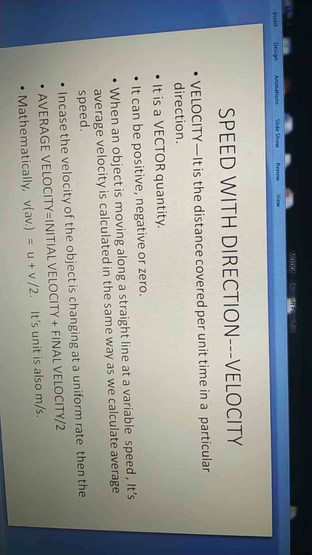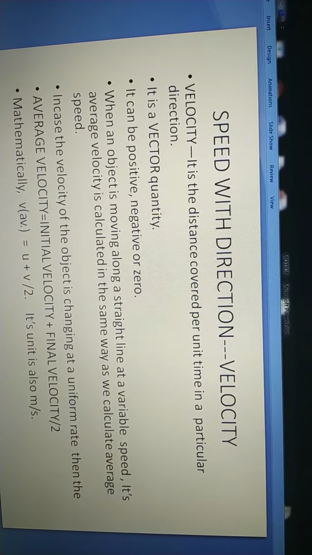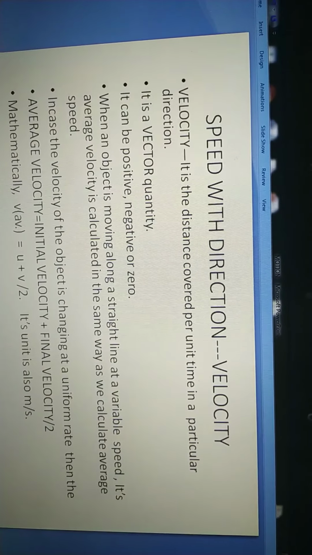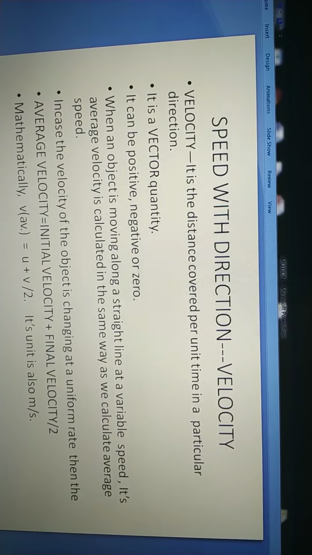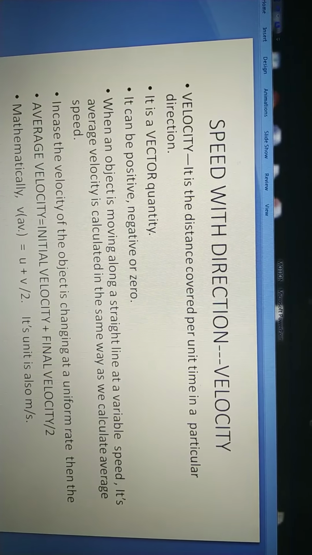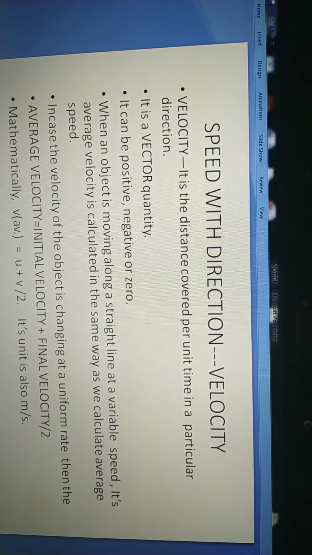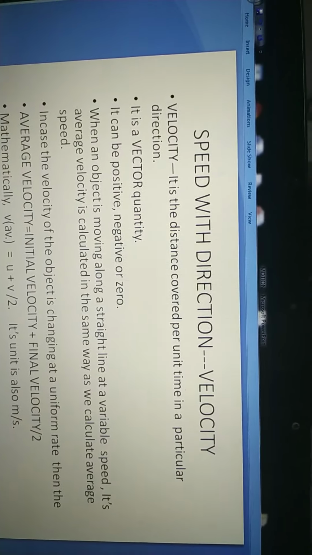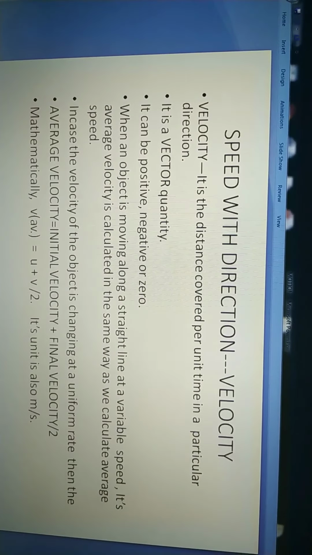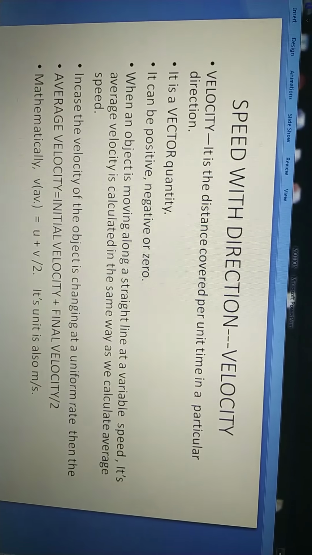That is, average velocity is equal to initial velocity plus final velocity upon 2. Mathematically, we can represent it: V average is equal to U plus V upon 2. U is the initial velocity, V is the final velocity, and its unit is also meter per second. In this way, children, we can calculate the average speed and velocity.